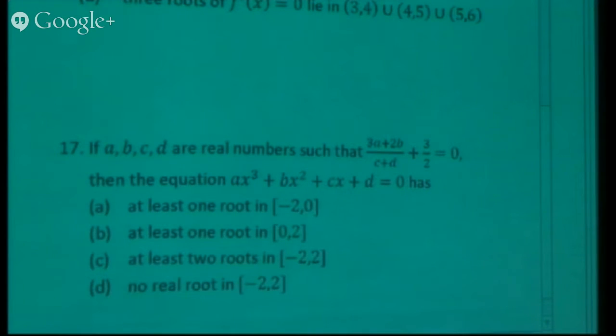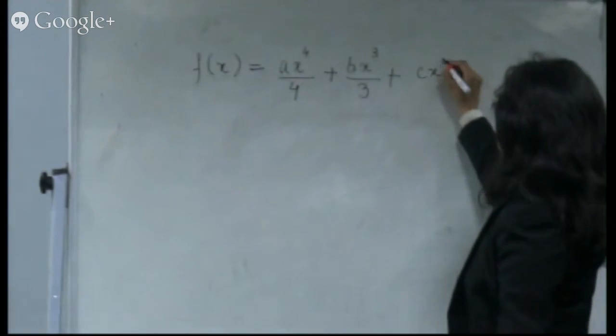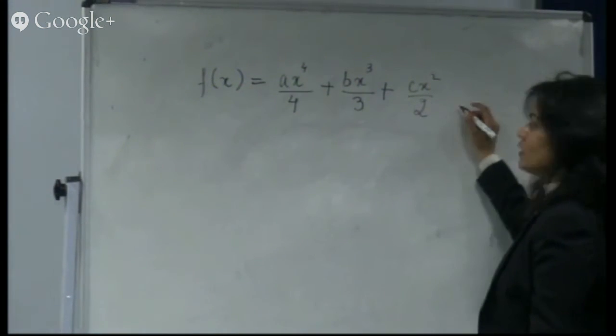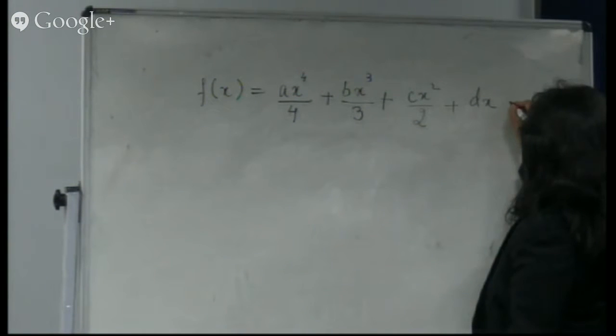Fine. So what will be the function? It's the integral, which will be f of x. So what should be f of x? f of x should be a function whose derivative is this third degree polynomial. So integrate this polynomial equation. What do I have? ax^4/4 plus bx^3/3 plus cx^2/2 plus dx.